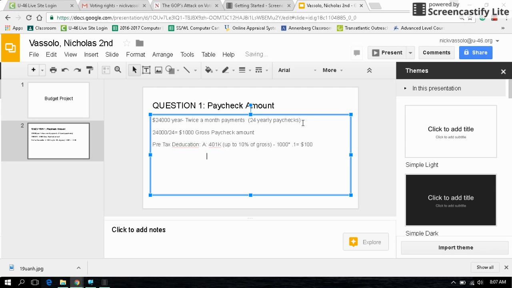The next pre-tax deduction has been done for you already, and it's your medical insurance. Everybody is going to be paying medical insurance of $50 a paycheck. Let's tidy this up a little bit.